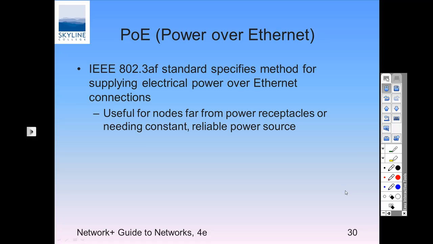Power over Ethernet, 802.3af. Have you looked at any of the telephones around here, just out of curiosity? Any of the Cisco phones? You know what they don't have? A power cord. Why is that? 802.3af says that we will send the power to the device via Ethernet.